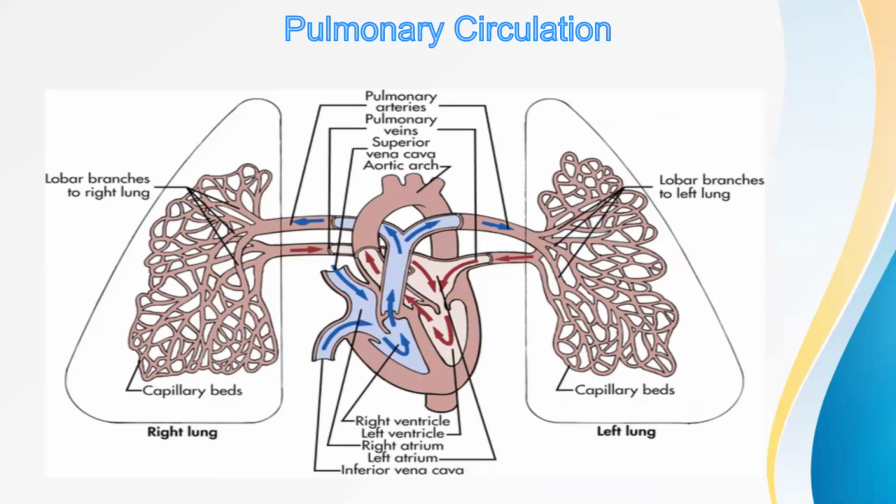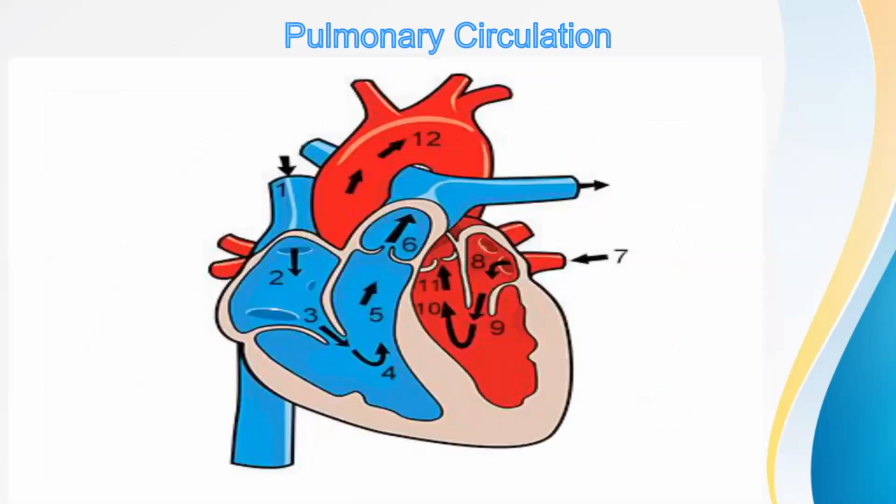We talked about in a previous lesson. So here, this picture is showing how the oxygen poor blood enters into our heart and how it becomes as the oxygen-rich blood.